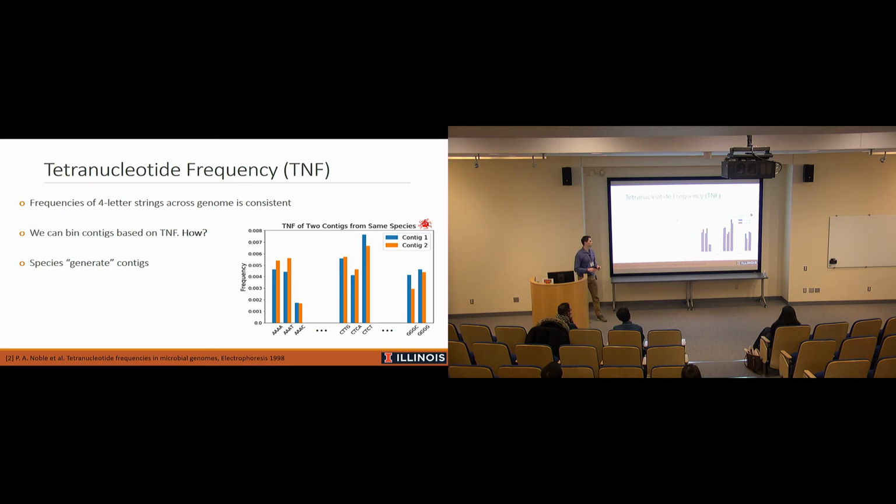But you can't generate these contigs IID on this distribution because consecutive four-letter strings overlap in a sequence. So what's the natural model from here? Well, we model it as a Markov process. For example, in TACG, the G depended on TAC, the previous three. So each is a third-order Markov process, where the TNF is the stationary distribution of the process.